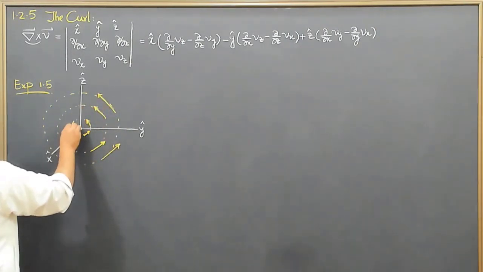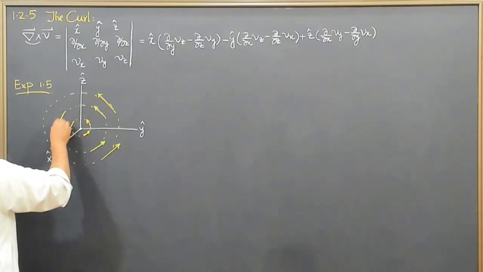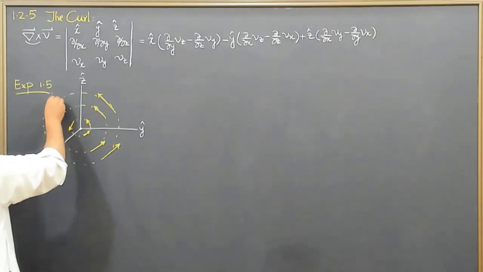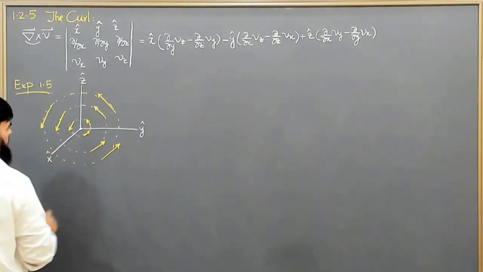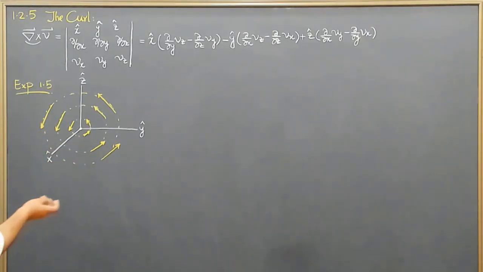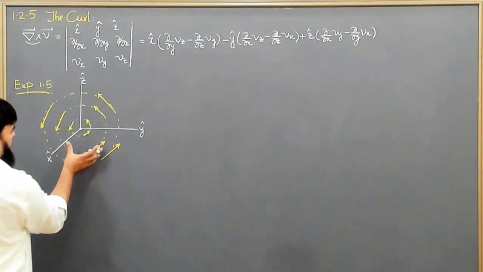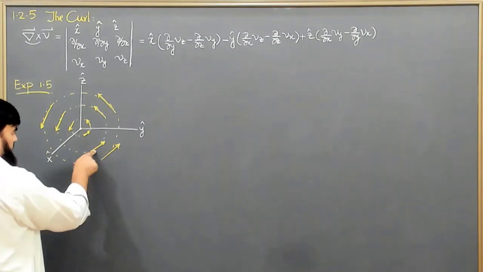Similarly, here and here, we have the vectors, and they are curling like this. Now if I look at these vectors, they are in the x and y plane.